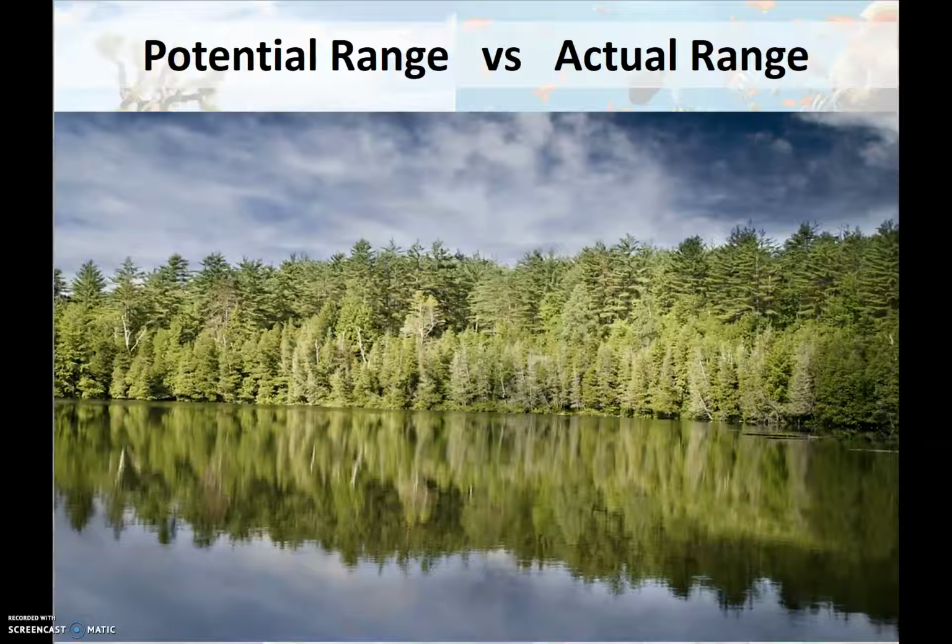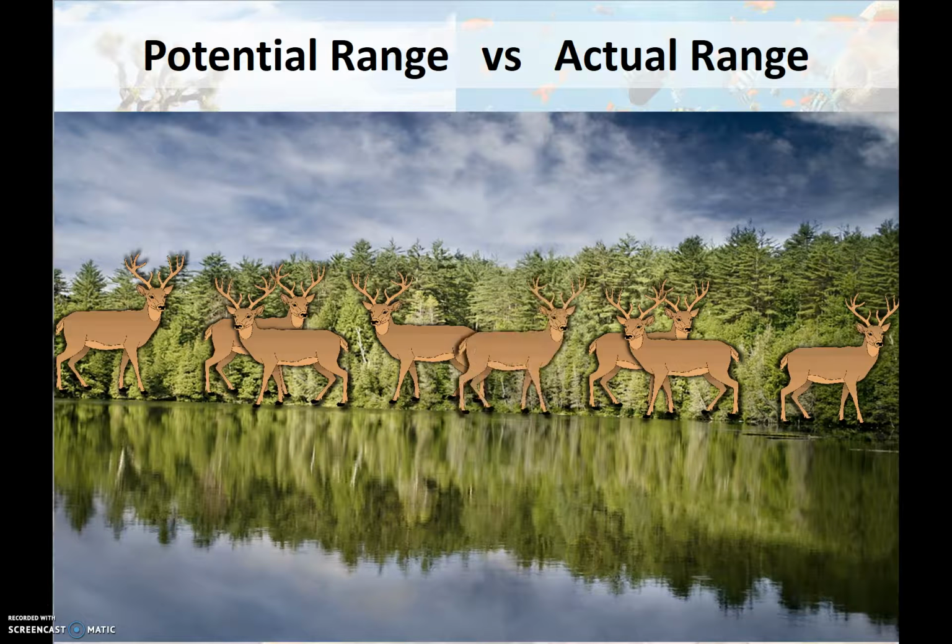So the potential range is really like potentially where you could find these animals. Like where could they actually live? So here we see a forest, and potentially it could be filled with these deer. But in reality, there's going to be competition.